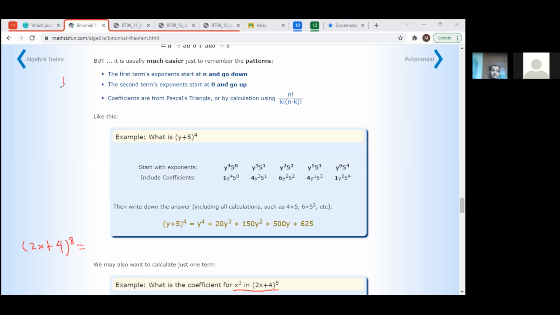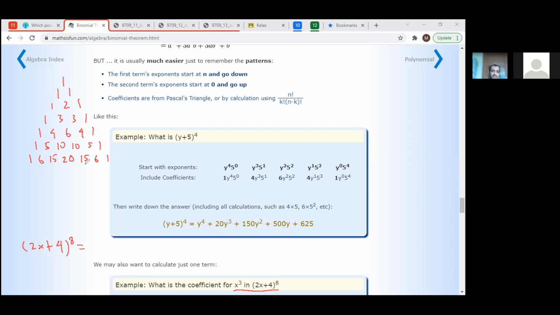So we start with row 0, and then row 1, row 2, row 3, row 4, row 5, and then row 6. This is already so much work.